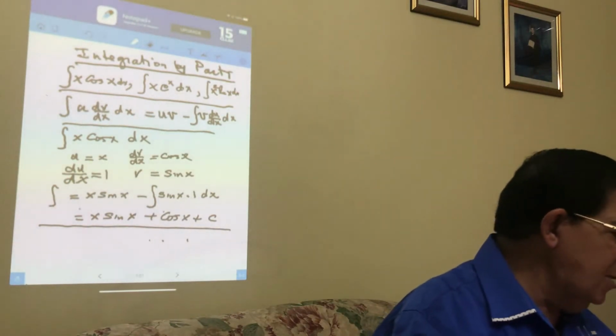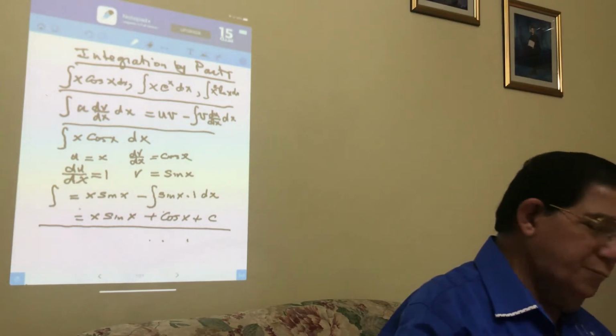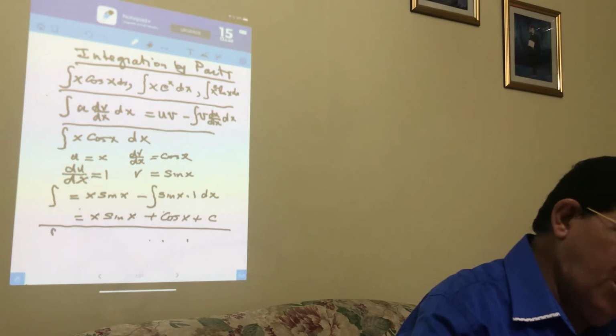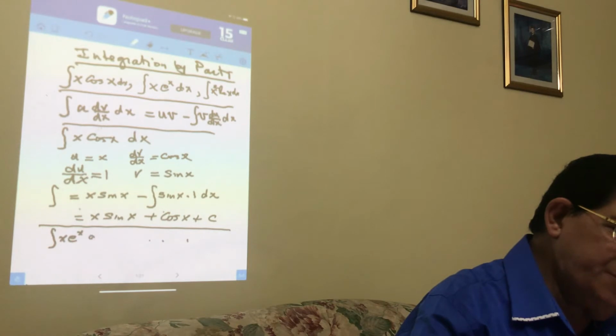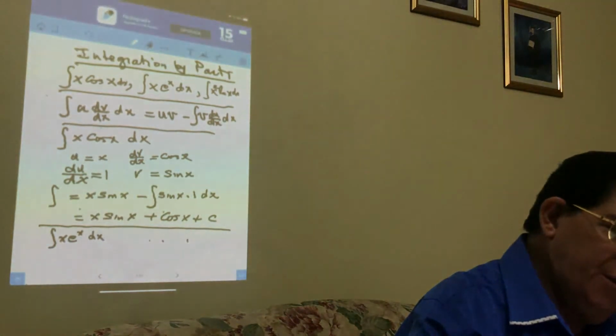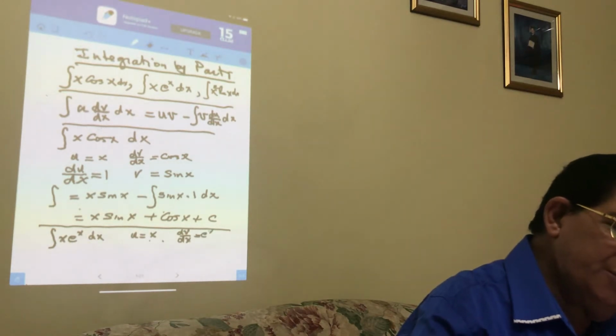We take another example. Let us take the integration of x e power x dx. Then u is x and dv by dx is e power x.